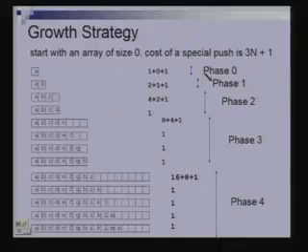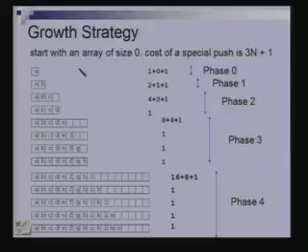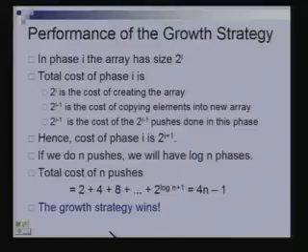And once again we define a phase: when the size of the array was 1, we call it phase 0, when it was 2 we call it phase 1, when it was 4 we call it phase 2, when it was 8 we call it phase 3, and so on. So, as you can see, in phase i the array has size 2 to the i; in phase 3 it has size 8, phase 4 it has size 16, and so on.